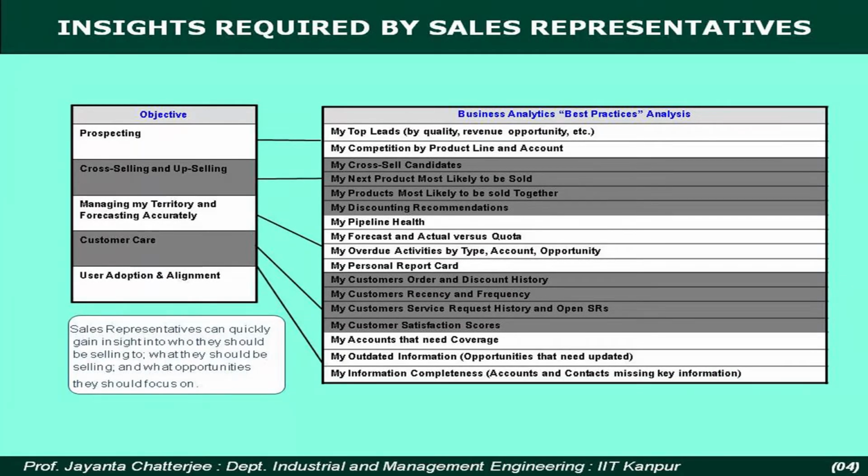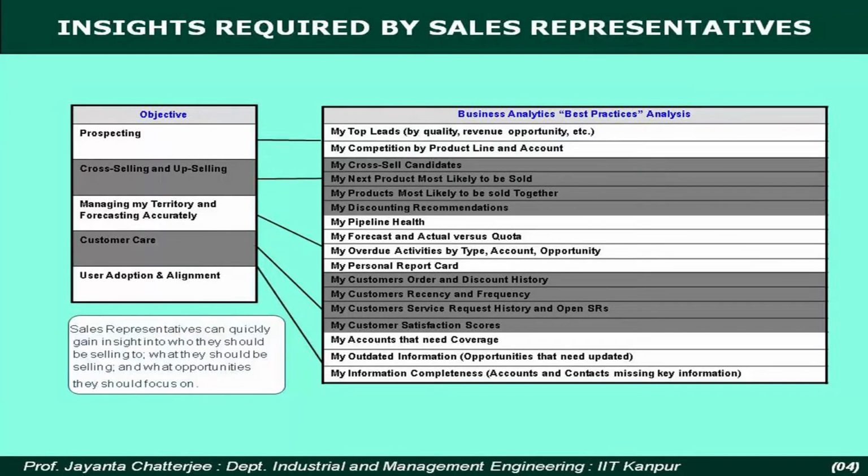And also, if you are negotiating a particular order, then the sales analytics will provide you on tap on your smartphone or on your tablet things like, what is the previous record of this customer, what discount was given to this particular customer earlier, how they are with respect to payment, their recency and frequency, that is, when was the last order placed, how frequently they place orders.